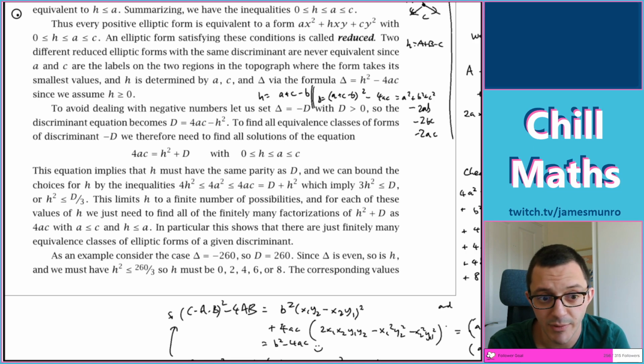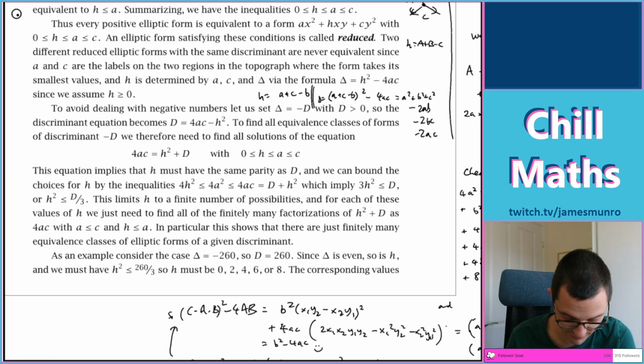So if I'm looking for one with discriminant positive 12 instead of negative 12, then I only actually have to check the cases where h is 0 and 2. That's quite good. And I think if I check those, then what does checking them mean?